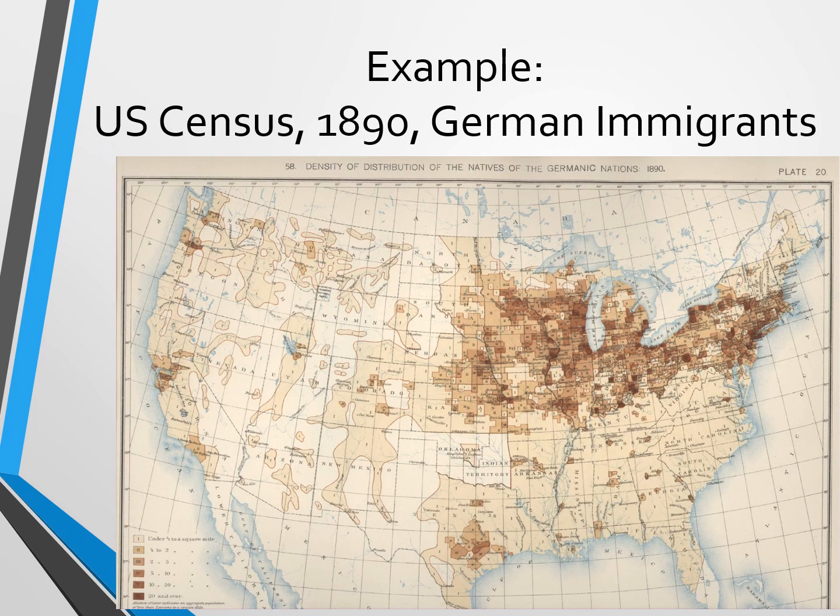This is an early example of social scientists working with governments. This is a historically very important map created by the United States Census Bureau, based on the 1890 census. And this maps German immigrants in America.